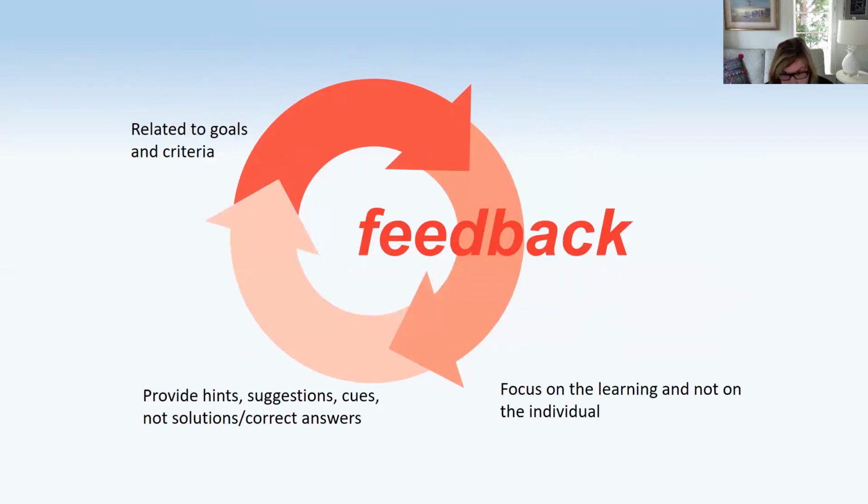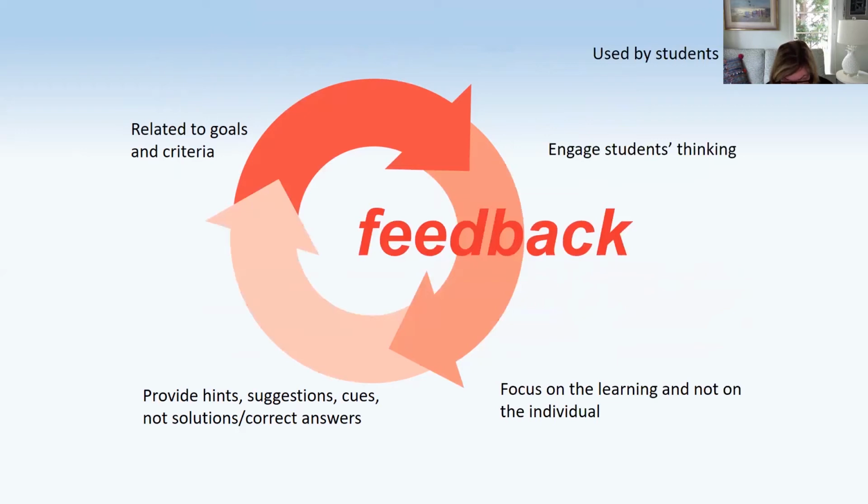The other thing about feedback is it should focus on the learning and not on the individual. So feedback shouldn't be about praise without saying why the learning has been successful. It needs to engage student thinking. The whole point is to help students move forward, and so we want to engage students' thinking so that they can take those actions based on that flexible guidance they're given.